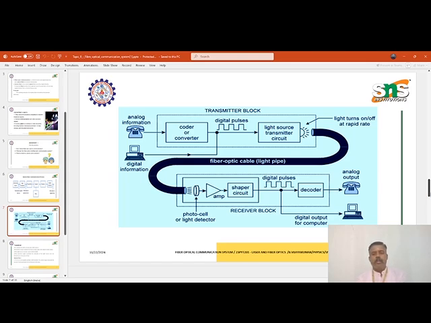Then the light signal is converted into digital pulses. Then the digital pulses are finally decoded, and finally the output of the receiving block is an analog signal. So the analog information is transmitted as digital, then transmitted as light signals, and finally it is formed back into analog.